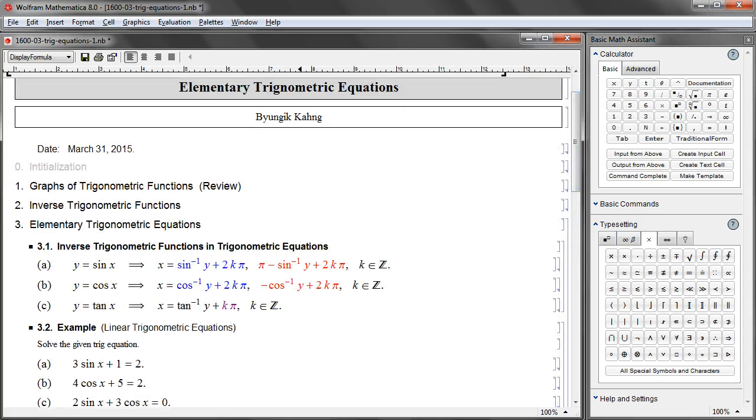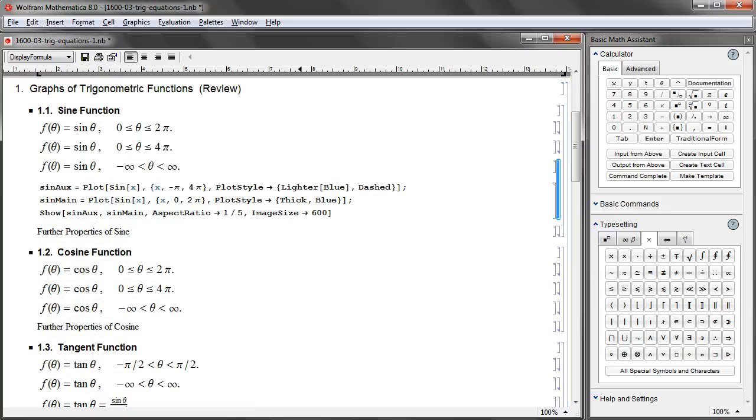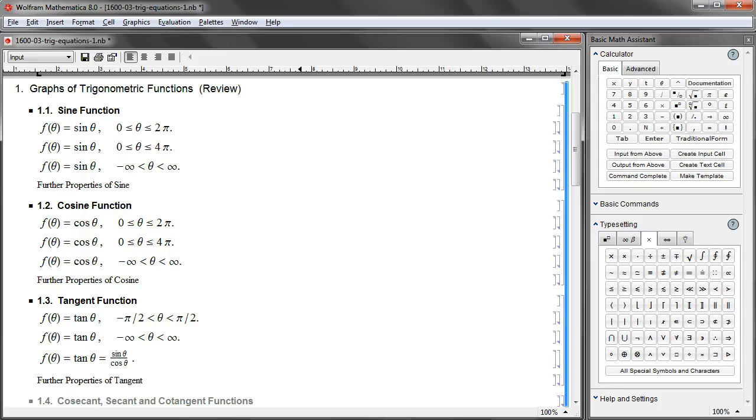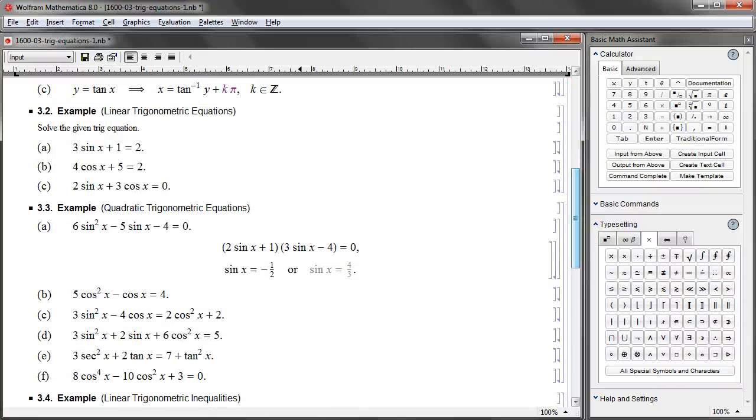Here's a graph of sine function, by the way. Going up and down between negative 1 and positive 1. But 4/3 is outside this oscillation. So this oscillation will never reach 4/3. So that's an extraneous solution. Throw that away and work out only sine of x equal to negative 1/2.